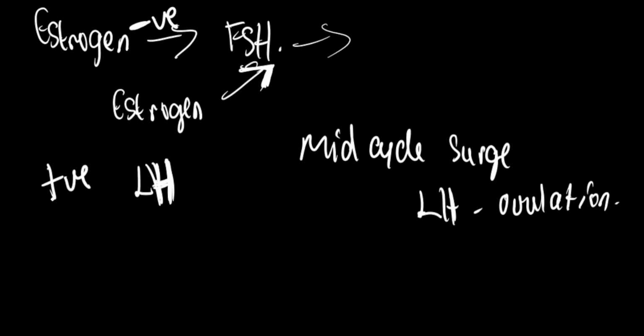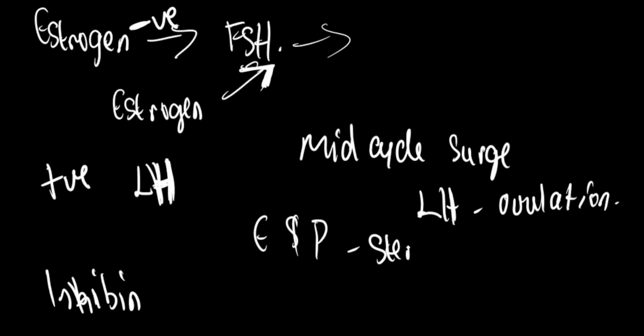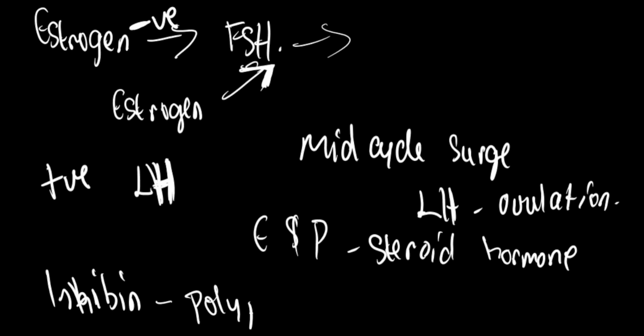Another hormone that has a negative feedback on FSH is inhibin. Inhibin, unlike estrogen and progesterone, which are steroid hormones, is a polypeptide.